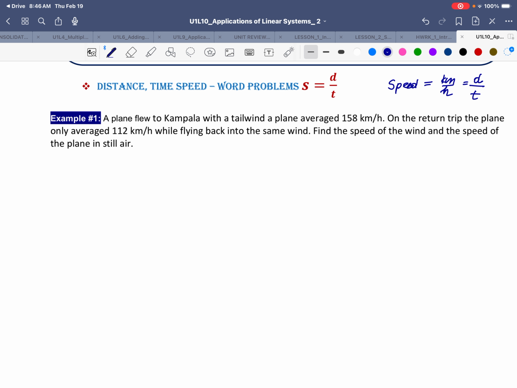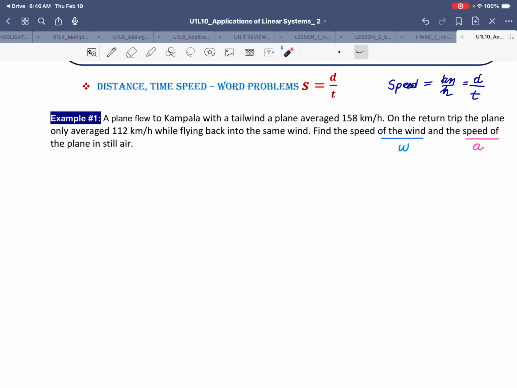So we're going to let the speed of the wind be represented by W, and we're going to let the speed of the plane be represented by, we're going to call this A. Probably it's a good variable, actually.